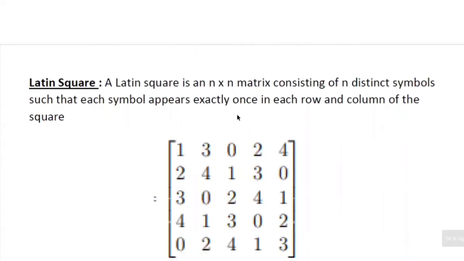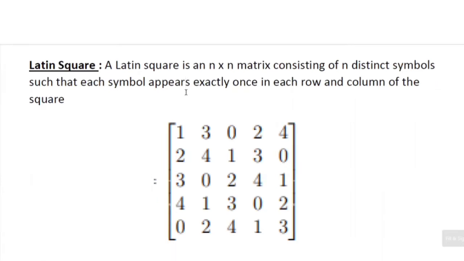Next, let us come to Latin square. What is a Latin square? A Latin square is an n by n matrix which consists of n distinct symbols such that each symbol appears exactly once in each row and column of the square. One familiar example of Latin squares you would have seen when you have solved a Sudoku puzzle in the past.